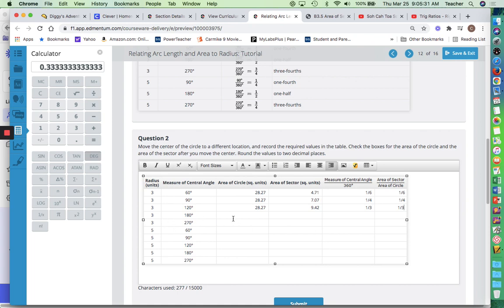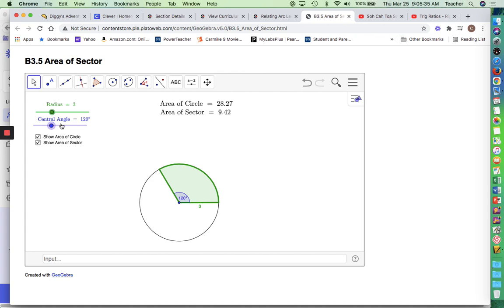All right, keep the 3, move to 180. We already know that's going to be a half. All right, 28.27 stays the same because the radius didn't change, and this area is 14.14.